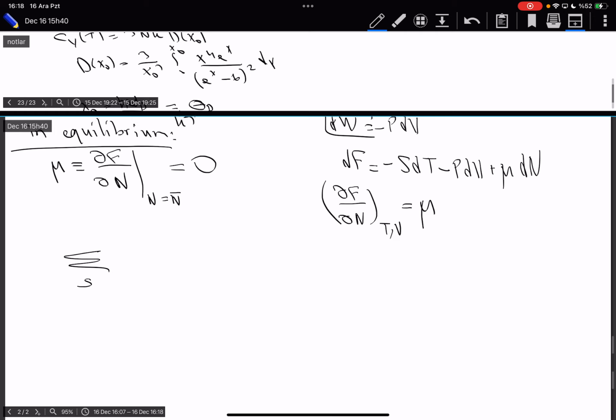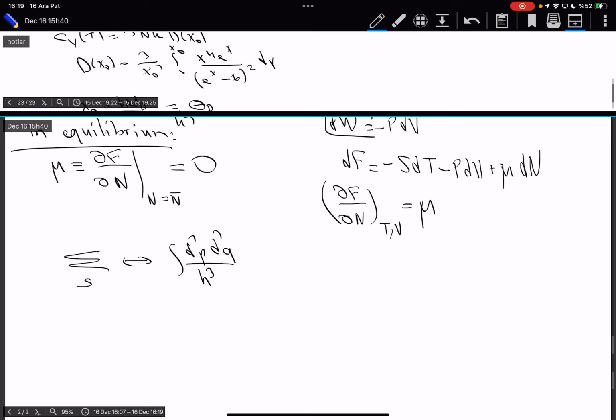So how can we sum over the single particle microstates and write it as an integral? Any suggestions? Which is dp dq divided by h cubed, if you like.